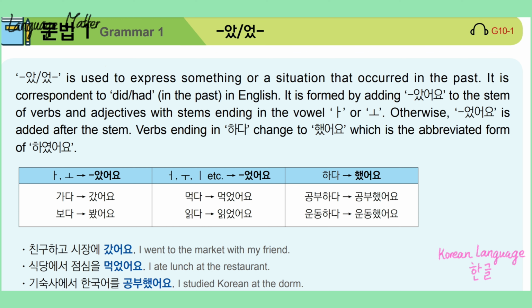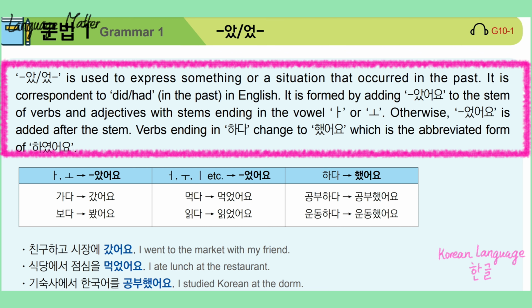Let's read the past verbs below. In other words, 았/었 is used to express something or a situation that occurred in the past. It corresponds to "did" or "had" in English.